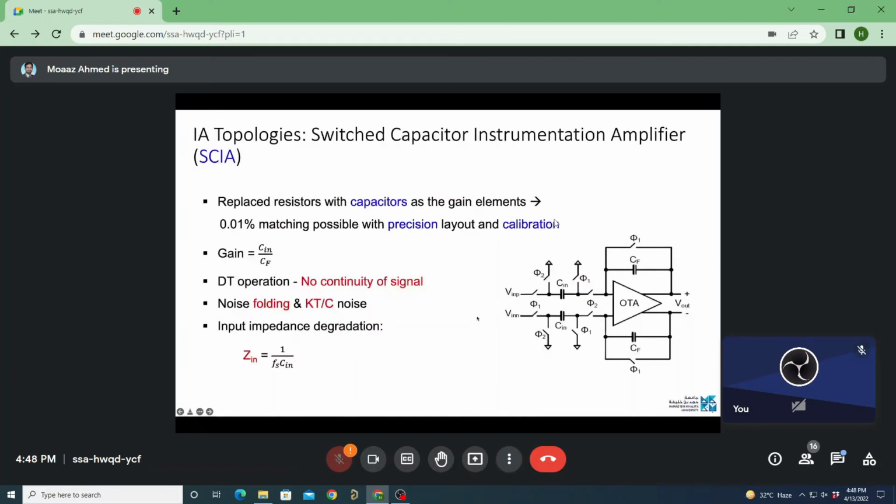Can anyone from the students confirm that the pointer is not clearly visible? The arrow is visible, but it's not moving. I'm hovering it, I'm moving it now, but it's not moving.